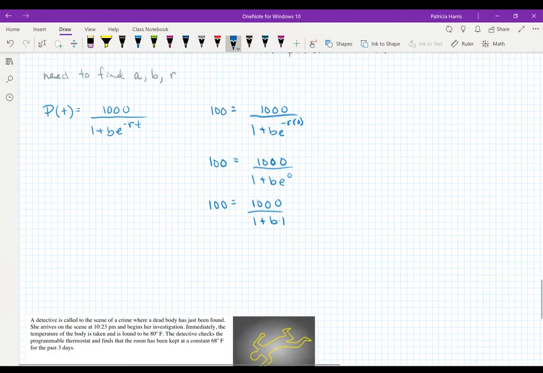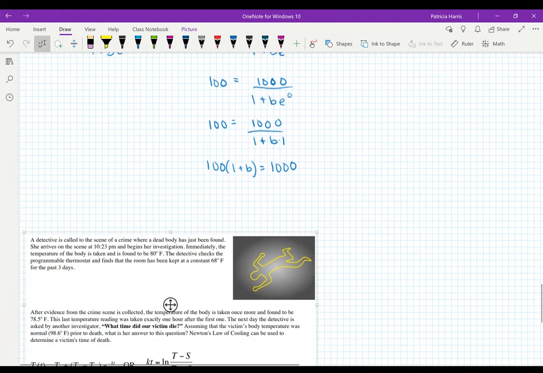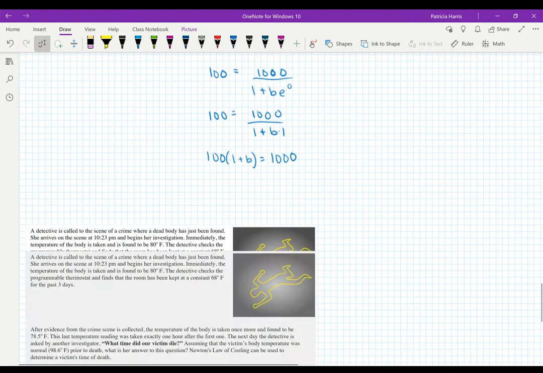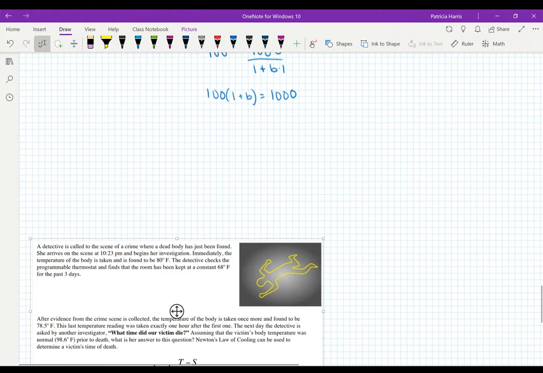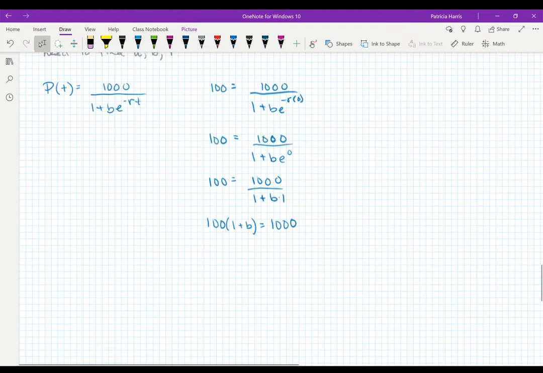Okay, so now what we would do is cross multiply to find my b. Now it's up to you on whether or not you want to distribute or just divide. I would just divide.